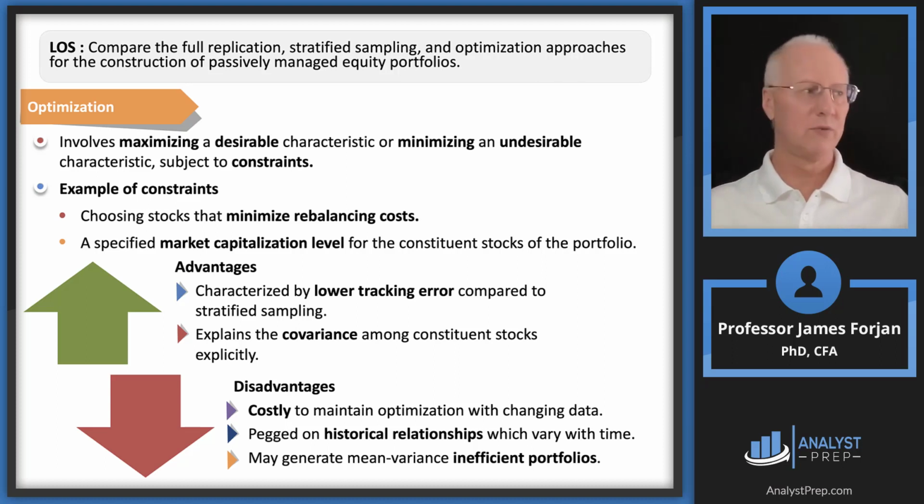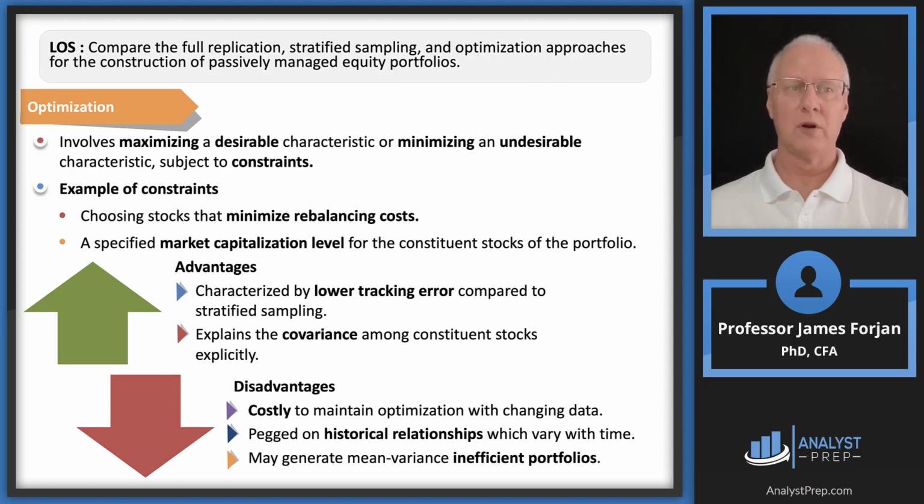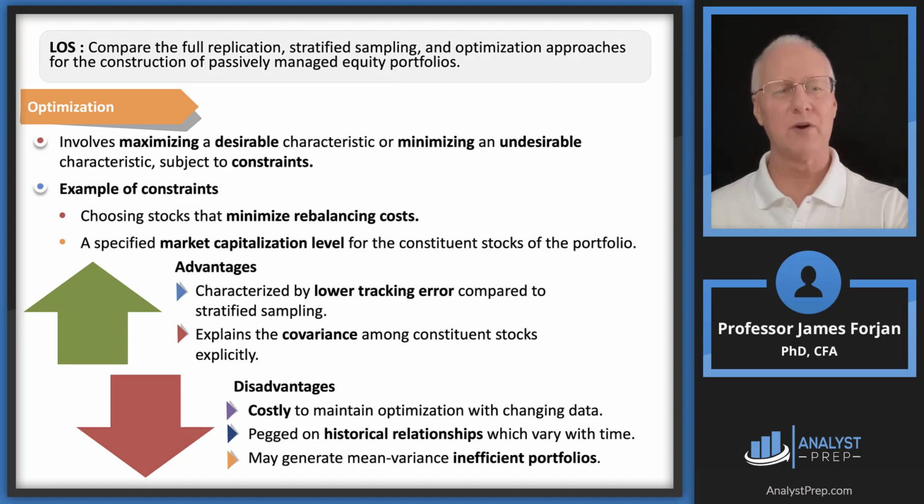But are those 3 years of monthly prices relevant to the next month or the next 3 months or the next 3 years? Sooner or later, you have to ask yourself, all right, I'm going to go with history and just hope for the best, or history is the best predictor of the future. Oh my gosh, didn't we talk about all that back in quantitative methods? Now look at that bottom, may generate mean variance inefficient portfolio.